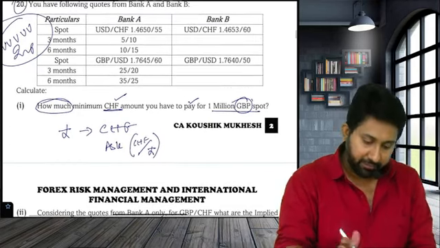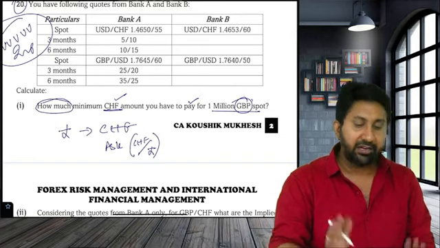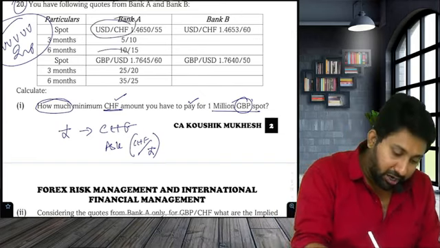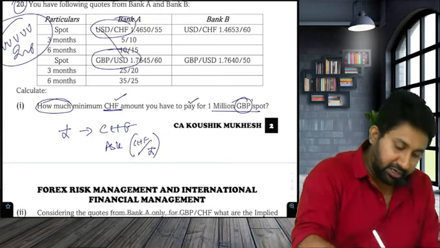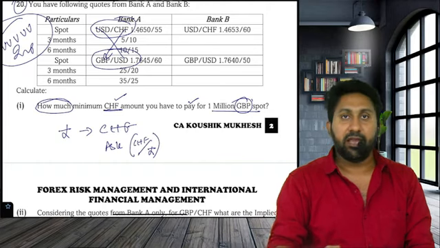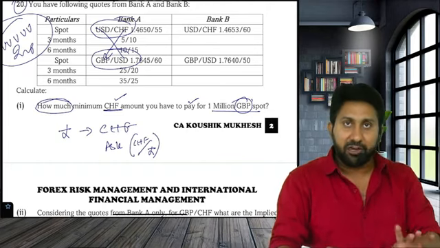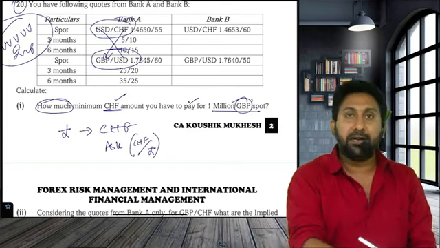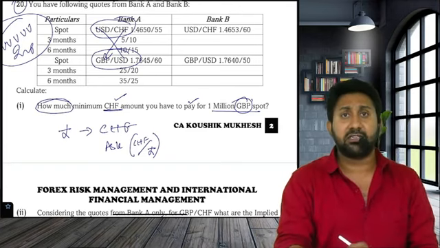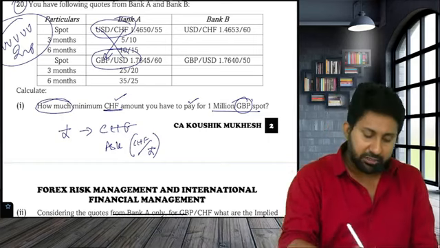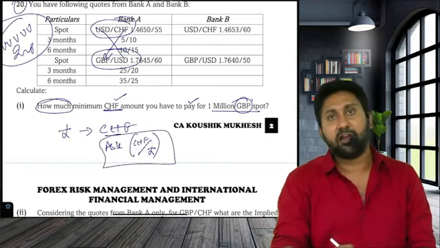First see the question. CHF and pound are traded or not traded? CHF dollar is traded, dollar GBP is traded. Dollar is the common currency here. We want CHF to GBP. So for that we need to first calculate a cross currency quotation. We want bid cross currency and ask cross currency, but we want only the ask cross currency because we need only the ask rate for the given calculation.